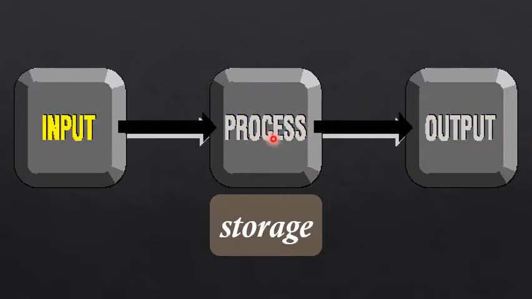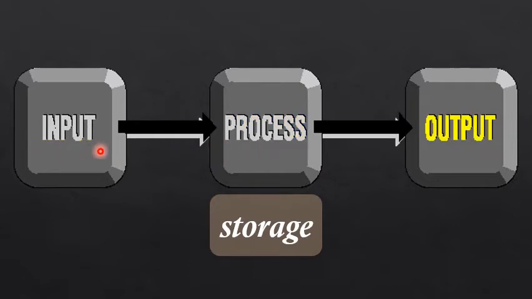Many times you will see only these three things together. You will not find storage, because storage is something that is present in the computer throughout this whole process, but sometimes you will only see these three things.